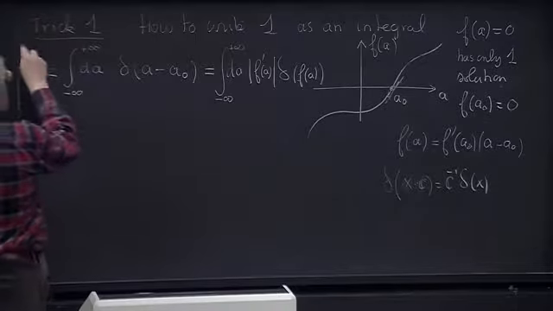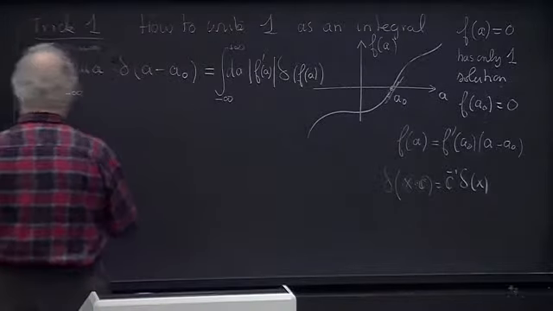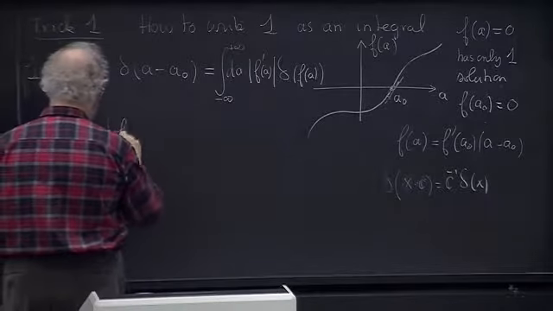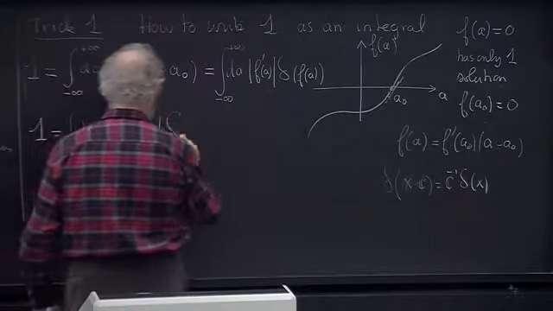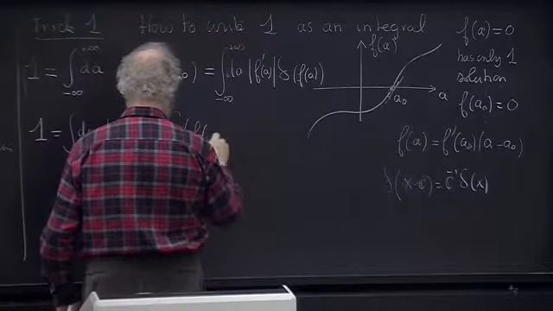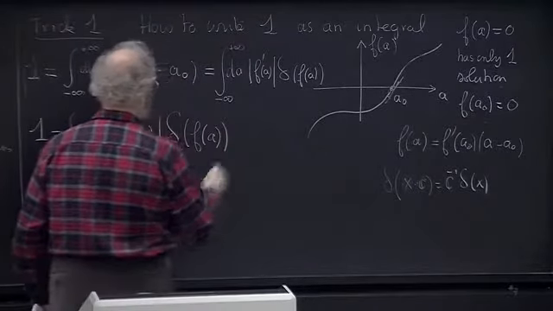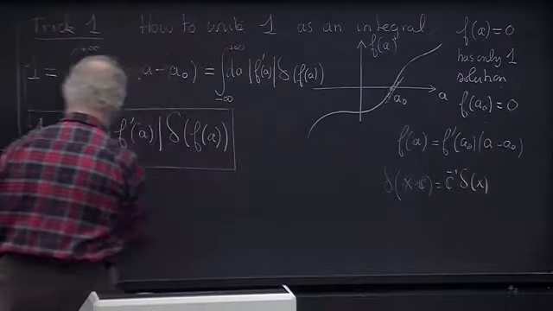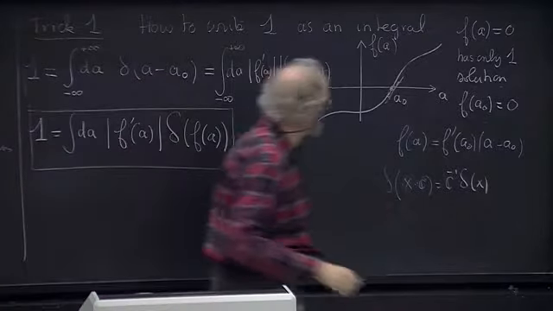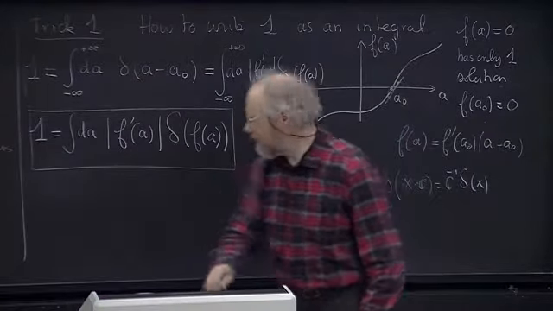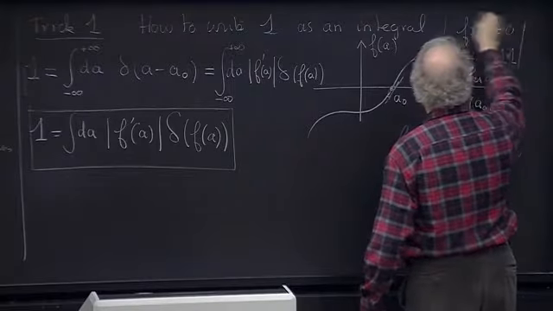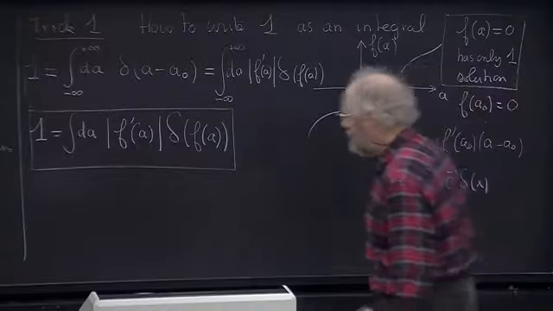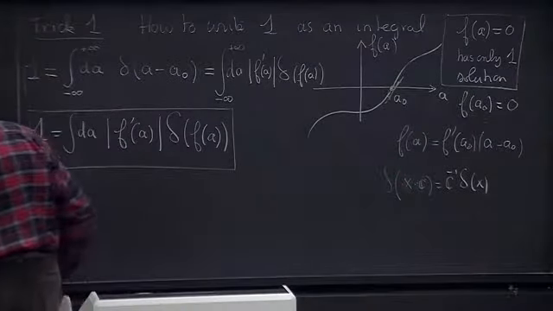We need this trivial result: 1 equals the integral over A of f prime of A times delta of f of A, if f of A has only one zero. Okay. So now let's do the same trick.